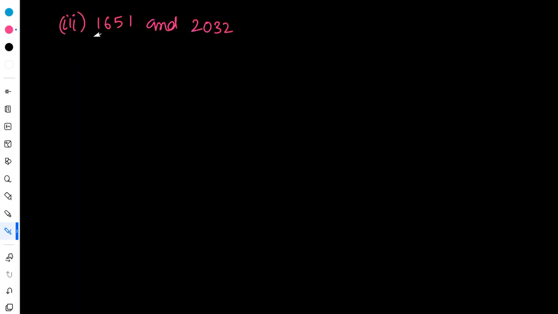See the third question. Find the HCF of 1651 and 2032. First of all, divide 2032 by 1651. It goes once. Now write the remainder, 381.